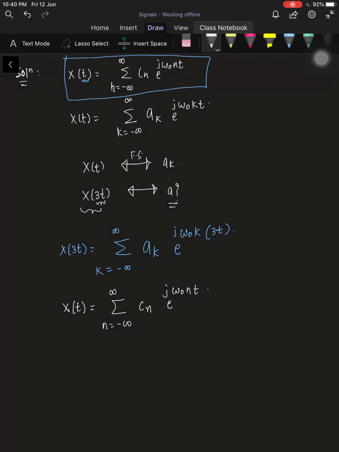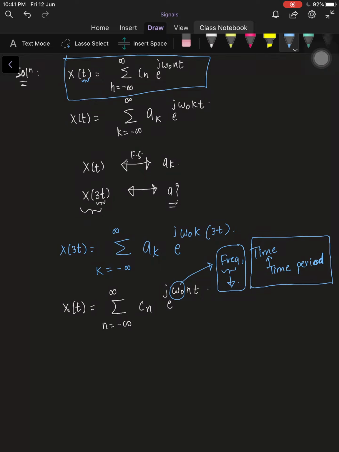Whenever we see this equation, first we should know that omega naught represents the frequency term and also the time term, in the sense of the time period. If we consider it in the frequency domain, then we talk about the fundamental frequency or the angular frequency. If we consider it in the time domain, then we consider the fundamental time period.